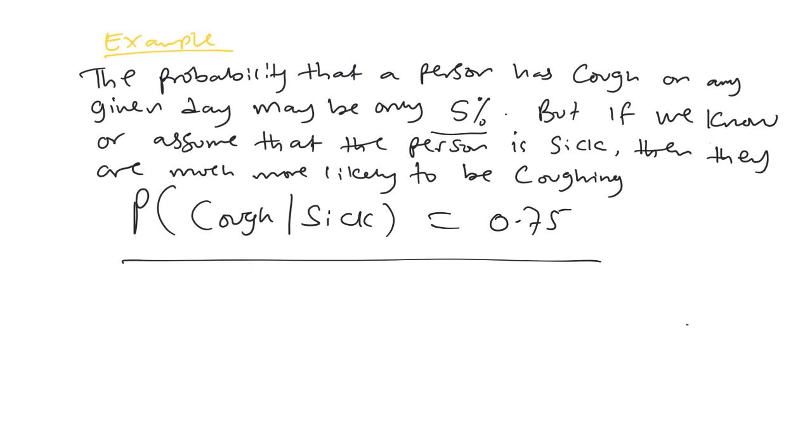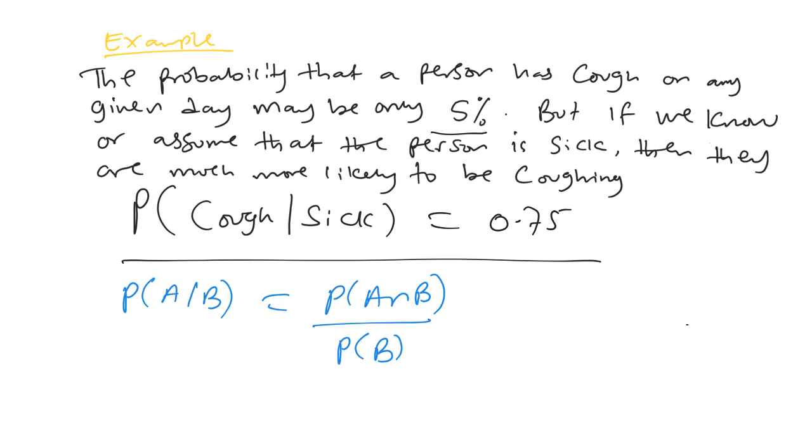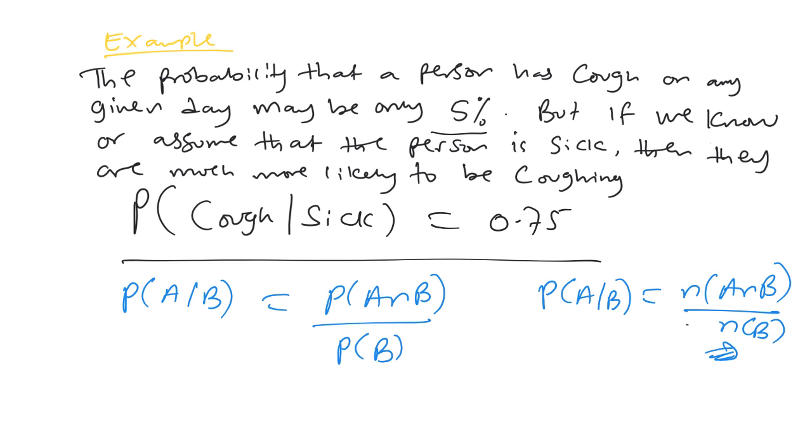Now, how do we define conditional probability? The probability of A given B is equal to the probability of A intersection B over the probability of B. The occurrence of B affects A and reduces the sample space to B. This is how it is developed: the probability of A given B is the number of A intersection B over the number of B. The sample space reduces to B, because B dictates A. And if we divide through by the number of S up and down, it brings us to this result, and that result is so important.